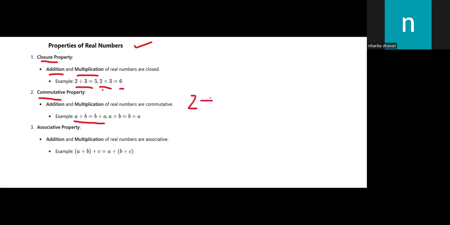So 2 plus 5 is equal to 7. And also 5 plus 2 equal to 7. So here as I can see, 2 plus 5 equal to 5 plus 2. It means if I add any two real numbers, then the order does not matter. That is, addition is commutative.